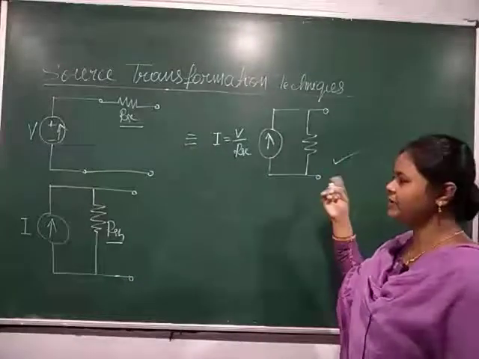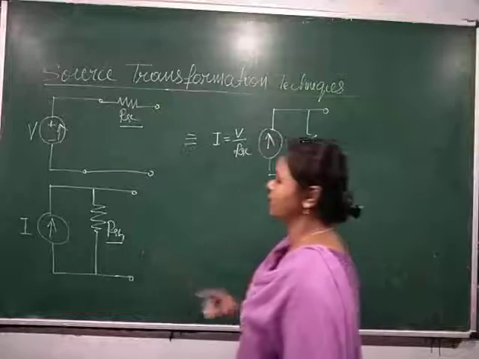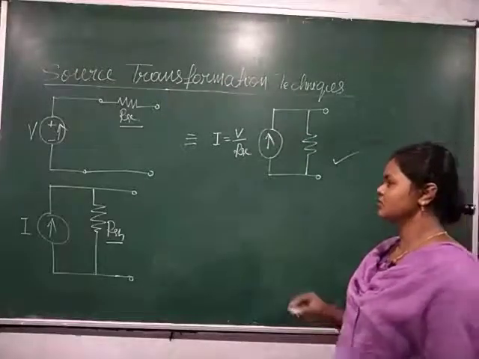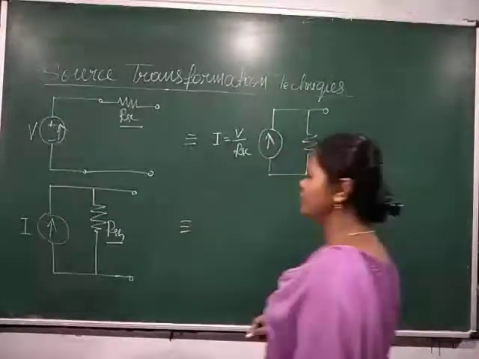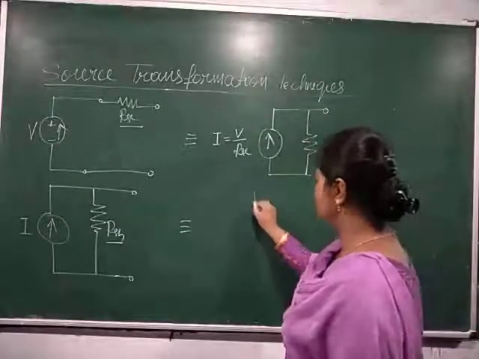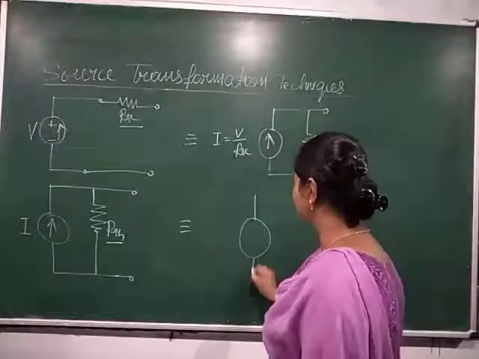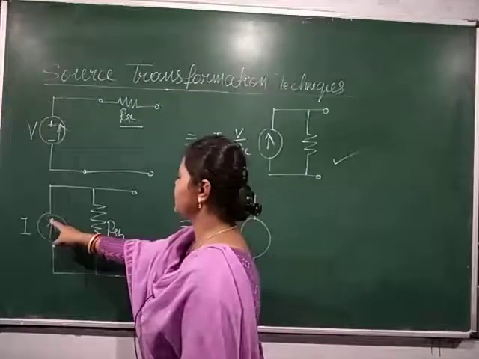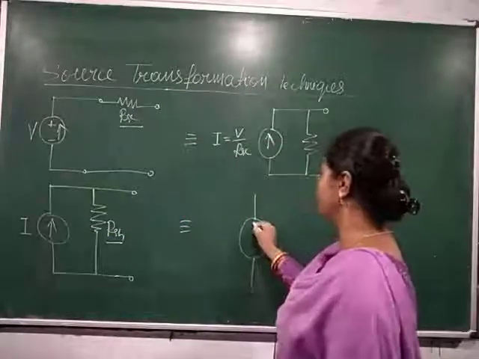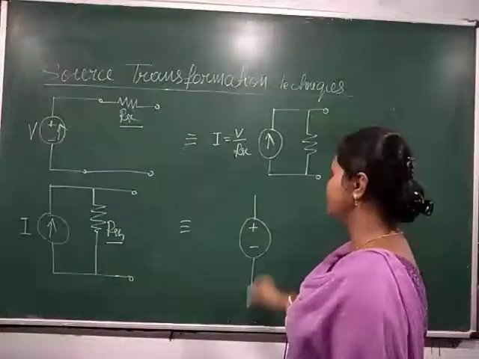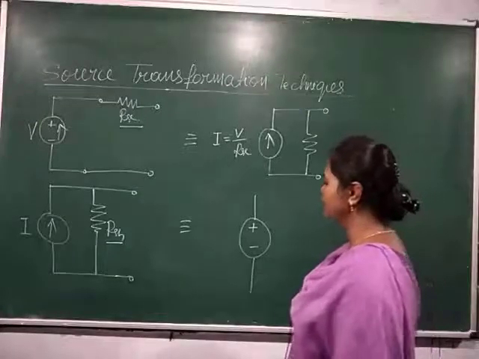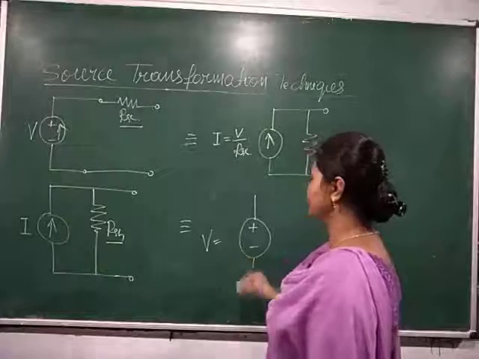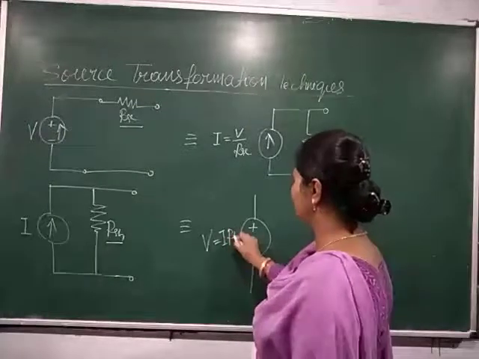Clear? Similarly, if a current source is given and the question is to convert it into voltage source, how do you convert? You draw the voltage source symbol, the direction of the arrow showing the positive side, another is the negative, and its magnitude you find using Ohm's law, that is V is equal to I into resistance.